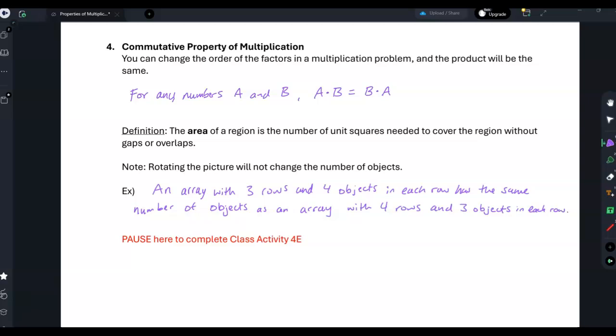And again, essentially they're the same array, just rotating them is a good way to see that, because it's really just the same array rotated 90 degrees in one direction.